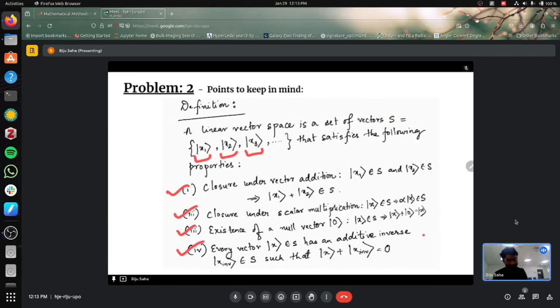The first condition is known as closure under vector addition. An operation, vector addition, is defined.